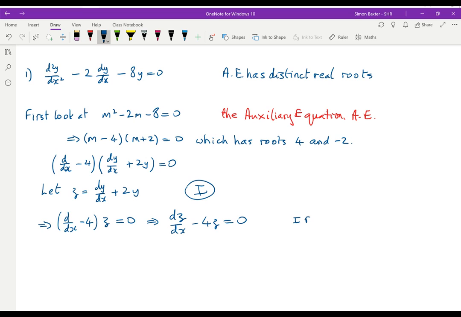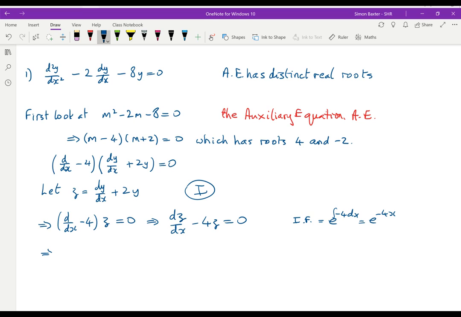I'm going to use an integrating factor. We could do it differently, but I think the integrating factor is just as easy. This is e to the integral of minus 4 dx, which is e to the minus 4x.